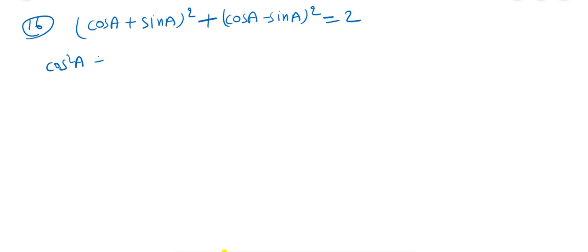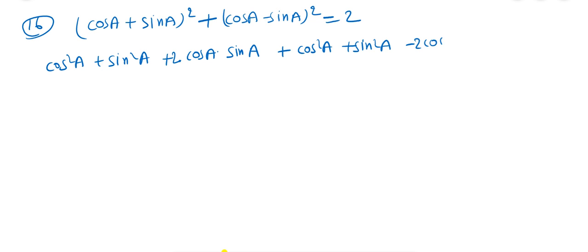Cos square A plus sin square A plus 2 cos A into sin A. Cos square A plus sin square A minus 2 cos A into sin A. This and this cancel here, and we get 2 cos square A plus 2 sin square A.